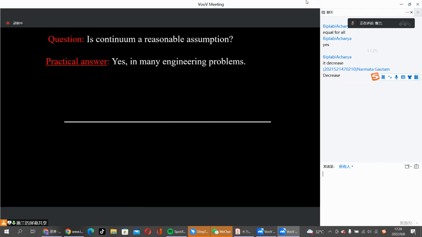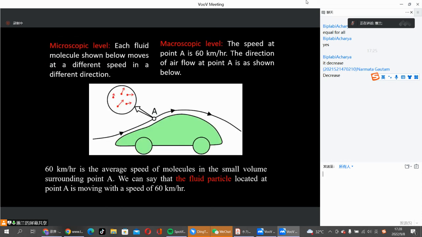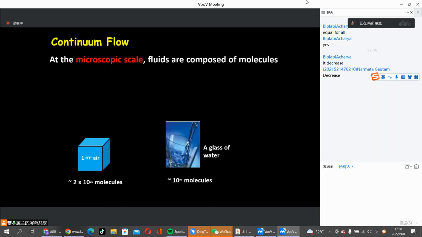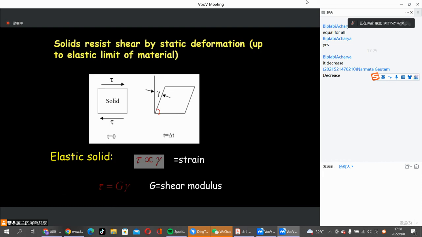When we talk about the difference between solid and liquid, right? You just asked a very good question. It's a very important difference between solid and liquid. Definitely, tau is shear stress for solid also.